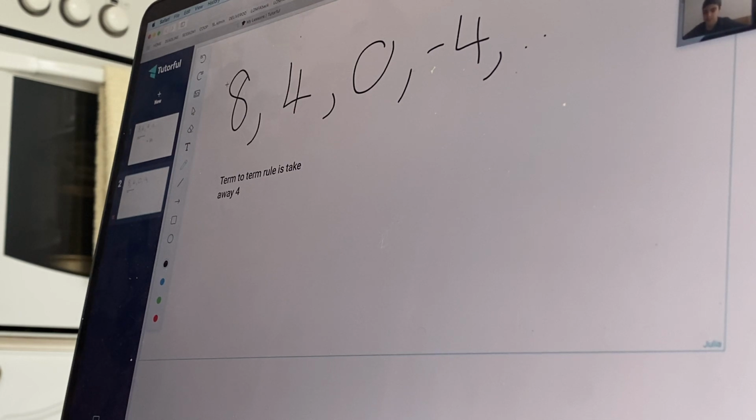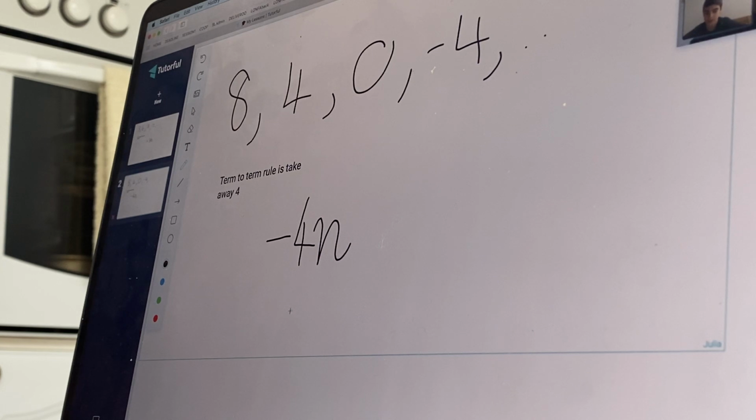So 12n? No, not quite. What goes in front of the n in our nth term? The 8? Not the 8, 4. Plus or minus 4? Minus. Yeah, perfect. So we have minus 4n.